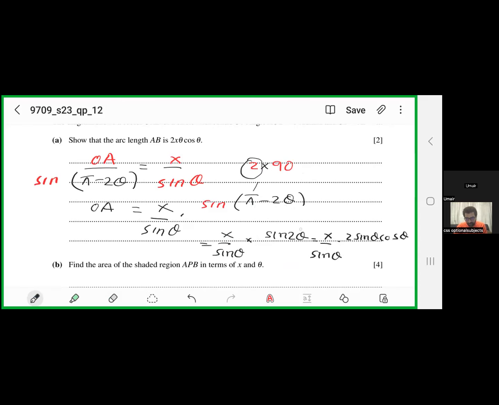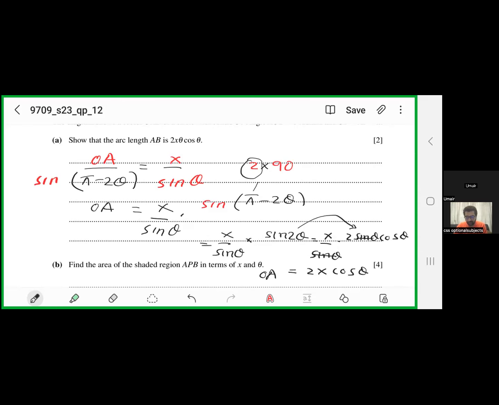Sine theta and sine theta can be cancelled. So your radius, which is OA of this sector, will be equal to 2x cos theta.